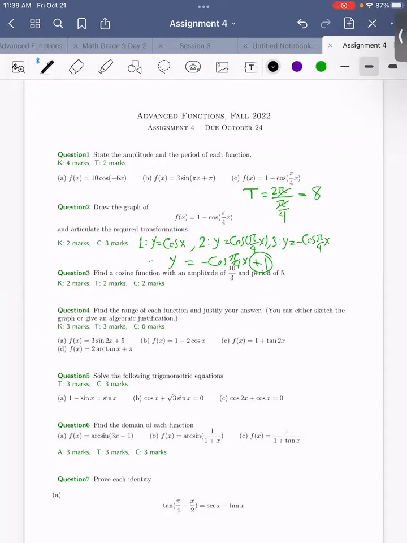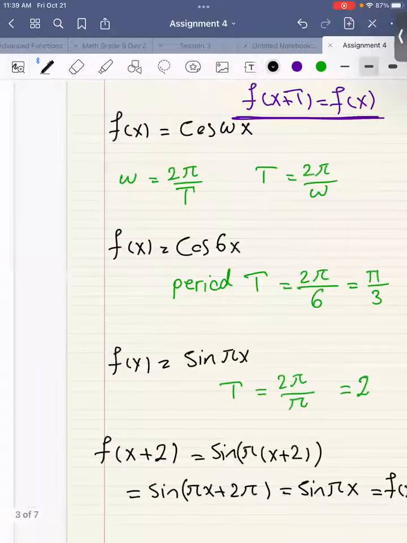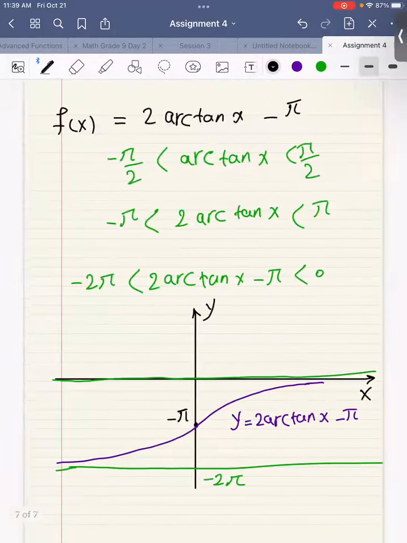So remember that arcsine, the domain of arcsine is what? What is the domain for the function arcsine? So if you have f of x is equal to arcsine x, what is the domain of f?